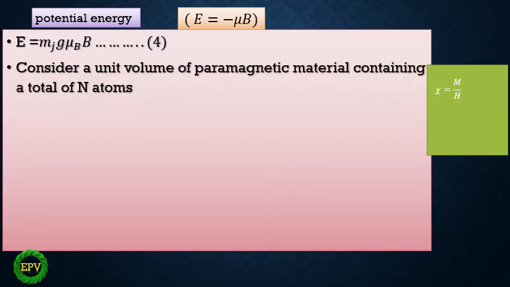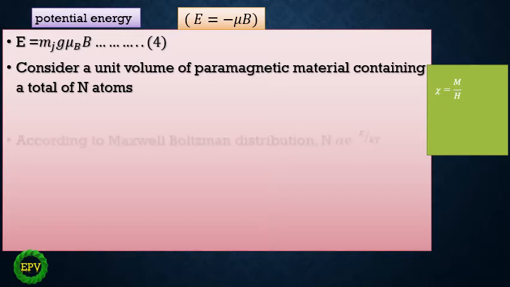Now we need to find the susceptibility. We know that susceptibility equals M by H. How can we find the susceptibility? For that we consider a unit volume of paramagnetic material containing a total number of N atoms.